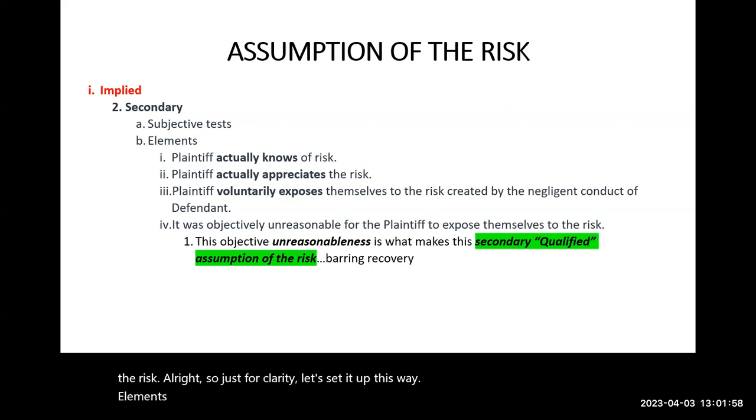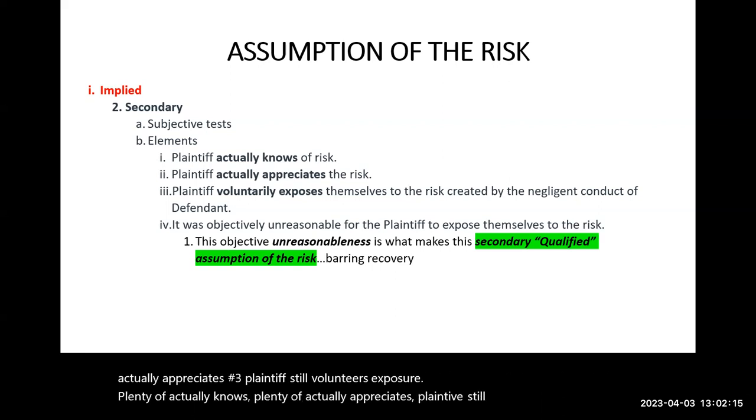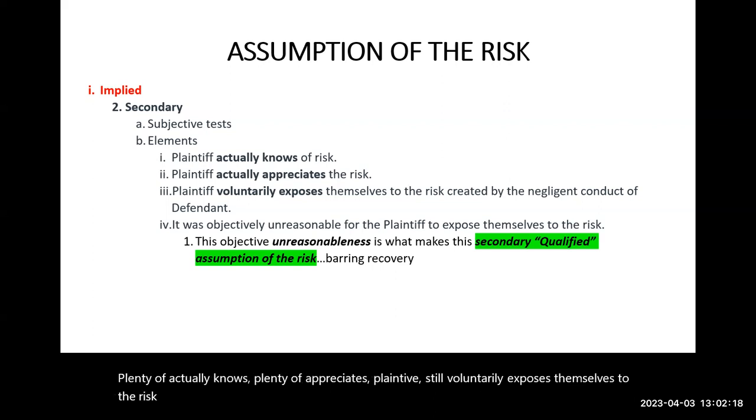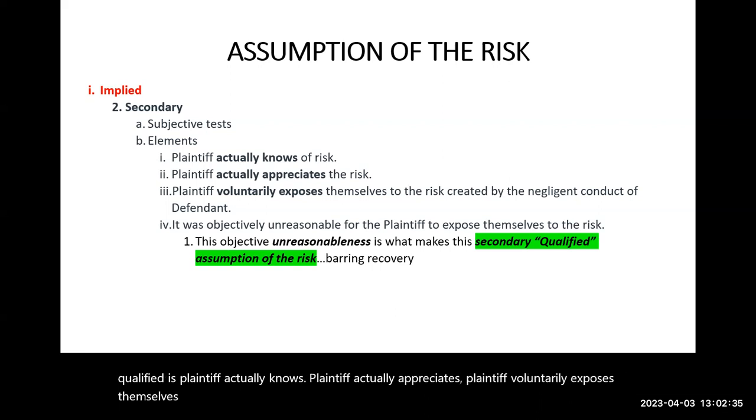Elements for implied secondary assumption of the risk: number one, plaintiff actually knows; number two, plaintiff actually appreciates; number three, plaintiff still voluntarily exposes themselves to the risk. That is implied secondary. What is implied secondary qualified? Plaintiff actually knows, actually appreciates, voluntarily exposes themselves, and that voluntary exposure is unreasonable.